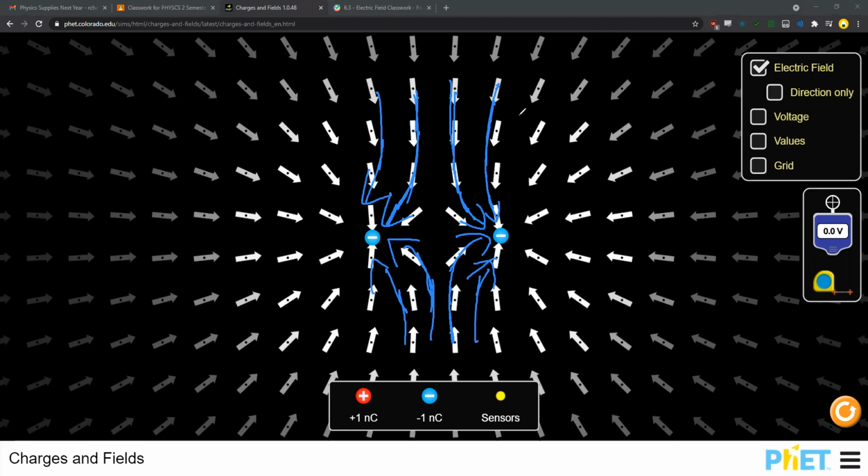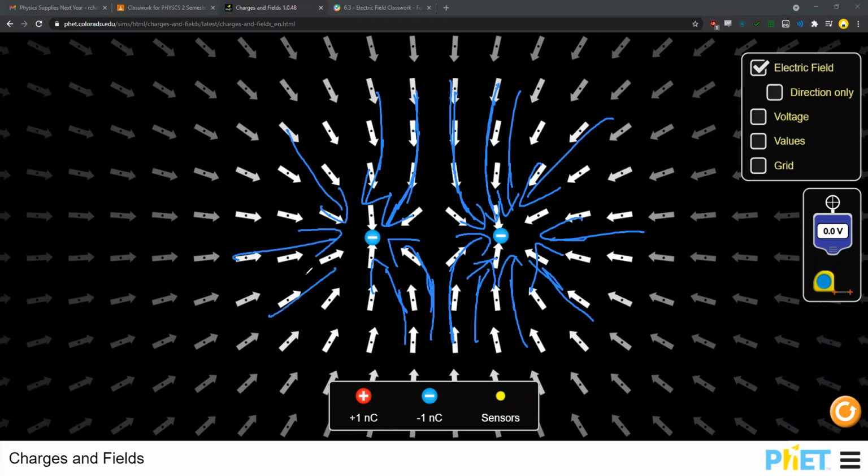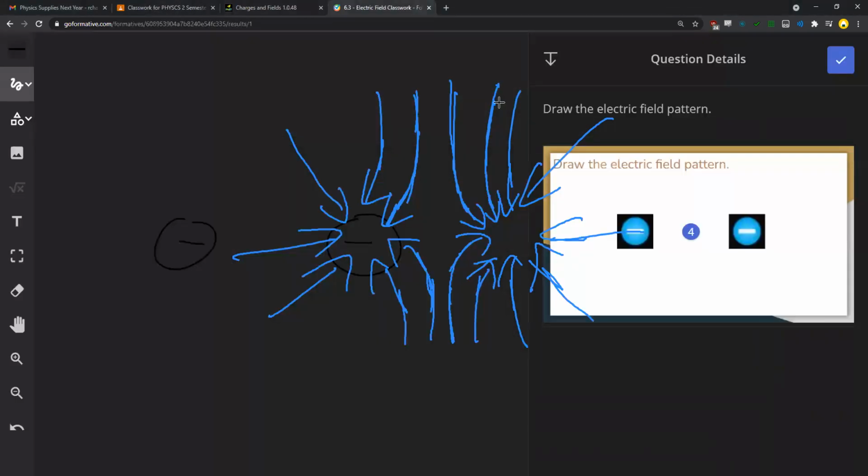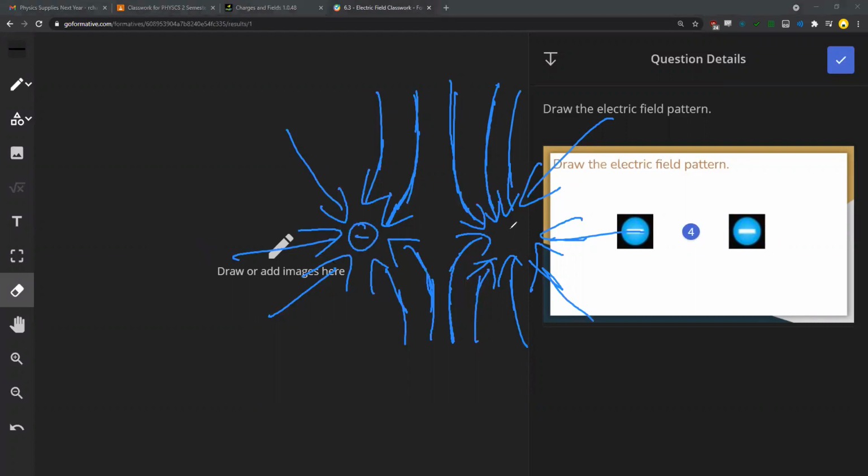So draw that for number 4. That's number 4, right? The white things are positive? What do you mean?